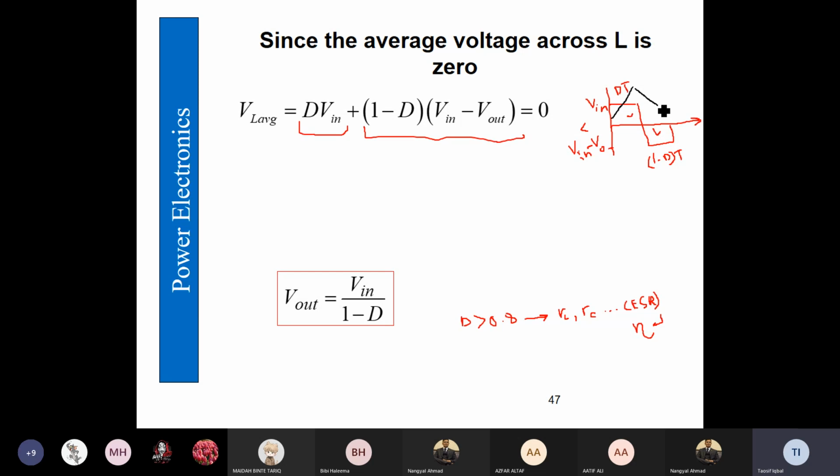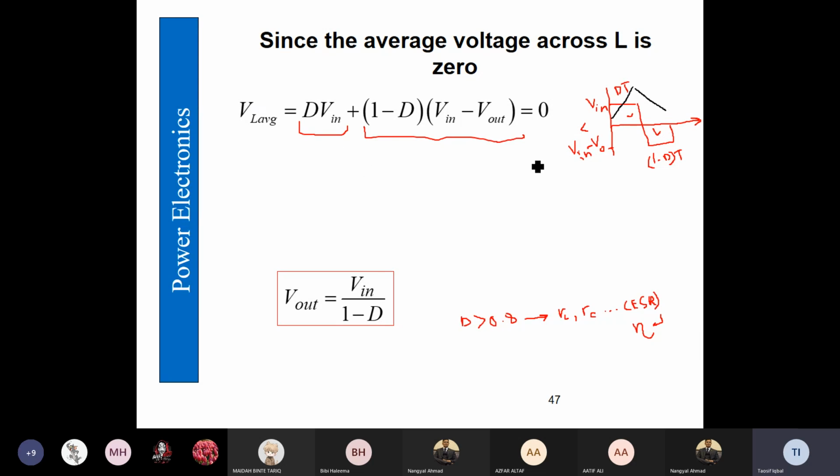So again the di by dt of that is a constant line, but because of the negative slope the voltage is going to be negative. And because the circuit is operating in steady state, the areas of the voltage in the positive and negative cycles are going to be equal.